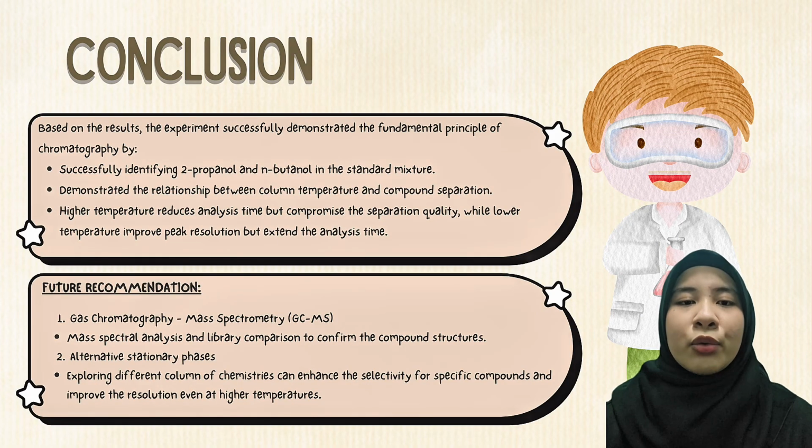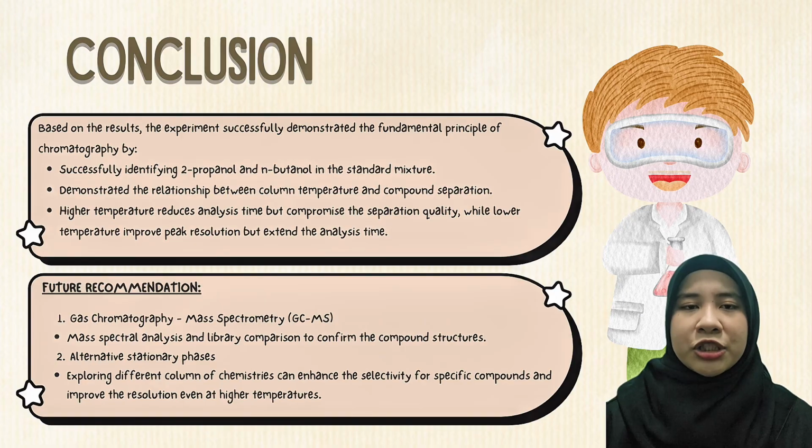Looking ahead, we can further refine this experiment in two ways. First, by utilizing gas chromatography mass spectrometry, this will allow us to use mass spectral analysis and library comparison to confirm molecular structures with absolute precision.